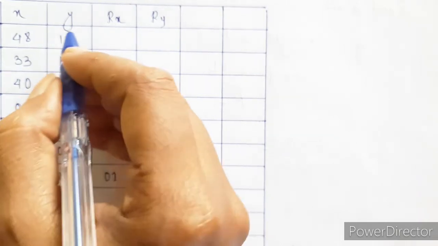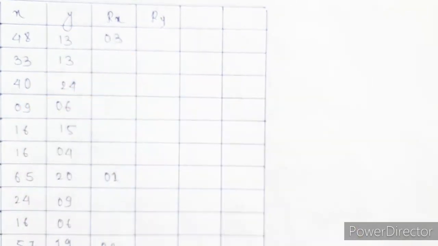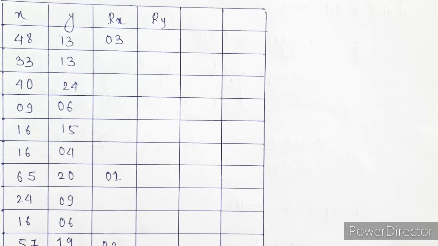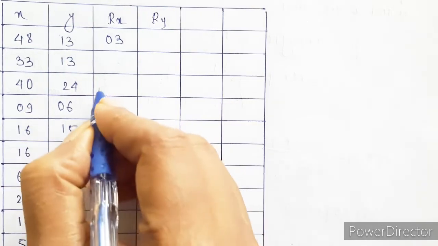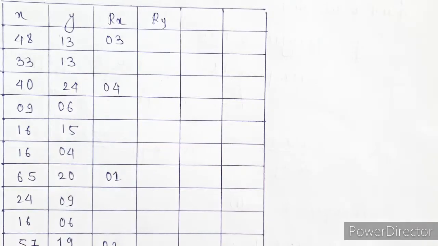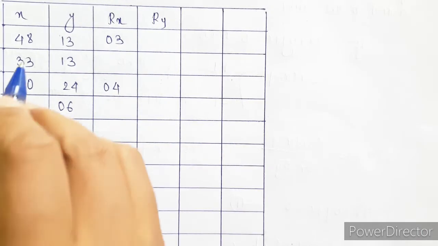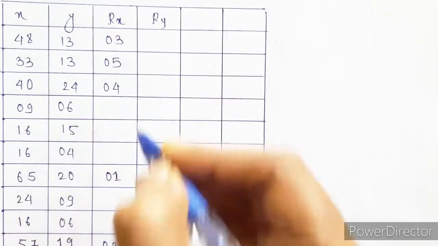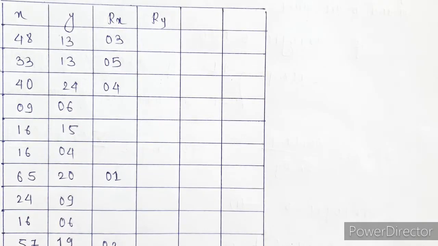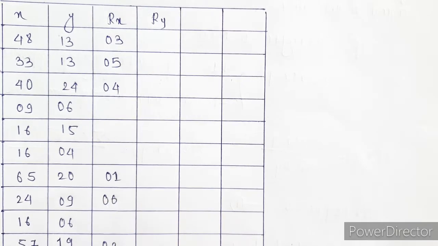After that is 48, so rank 3. Then we have 40, so rank 4. After 40 it is 33, so 5. Then after 33 we have 24, so 6.